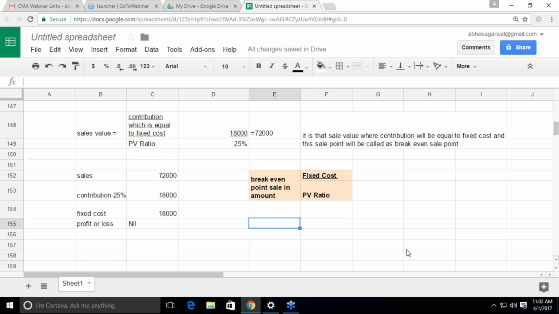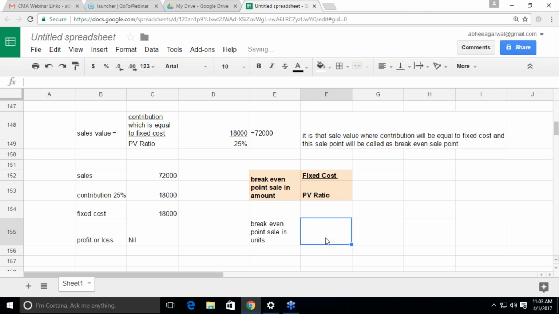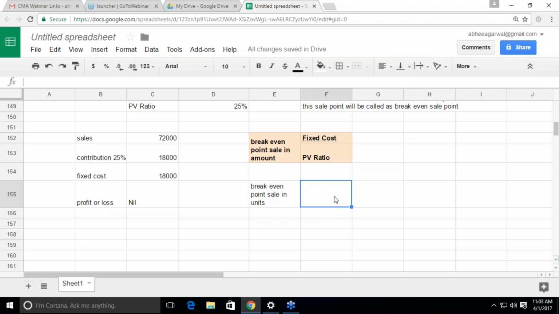And very quickly, I'll tell you how to calculate break-even point sale in units. The formula for break-even point sale in units will be fixed cost divided by contribution per unit.